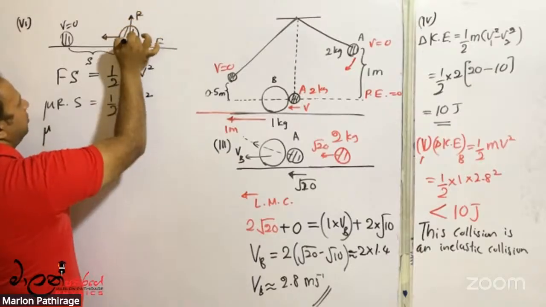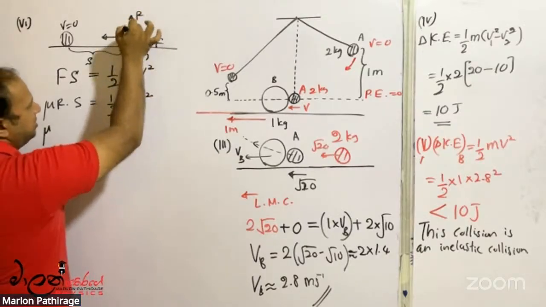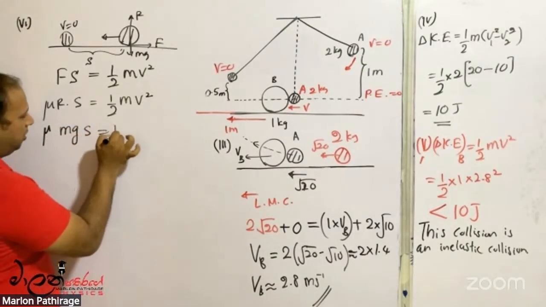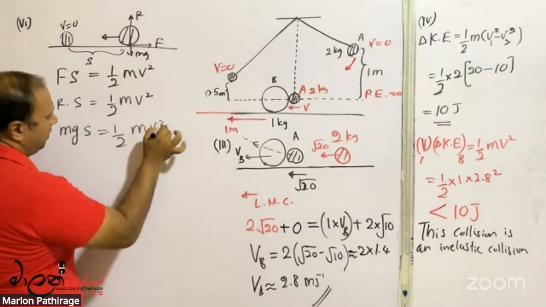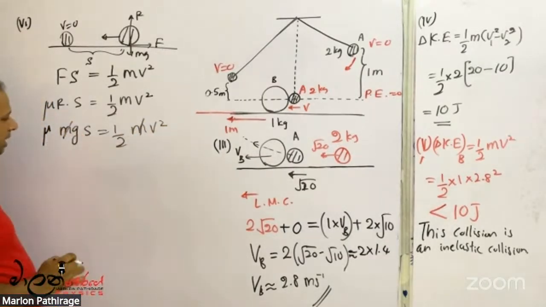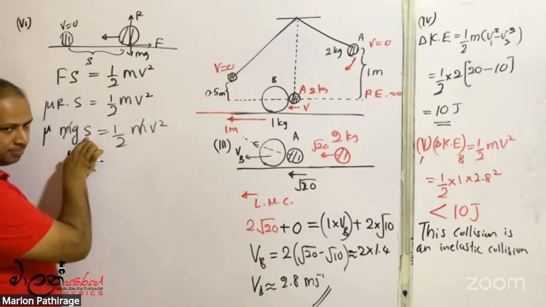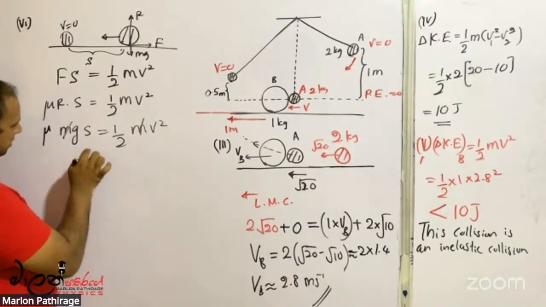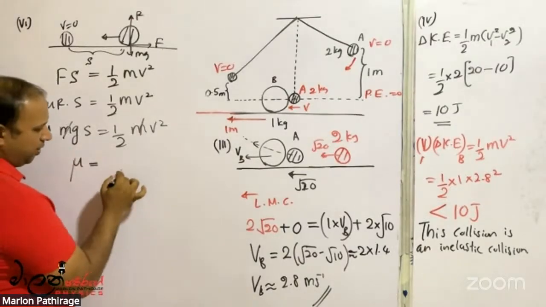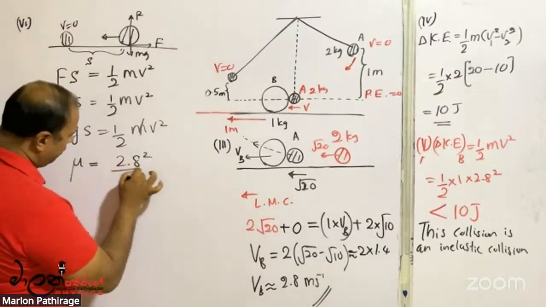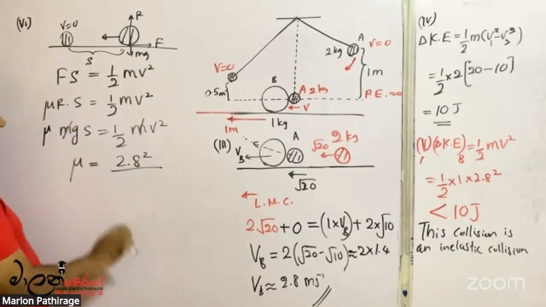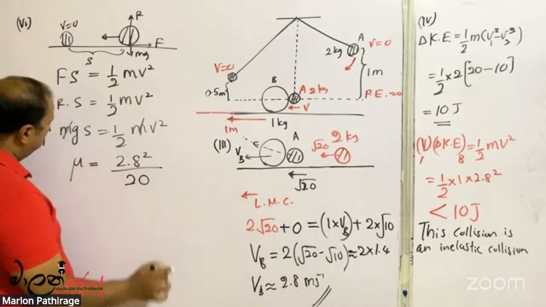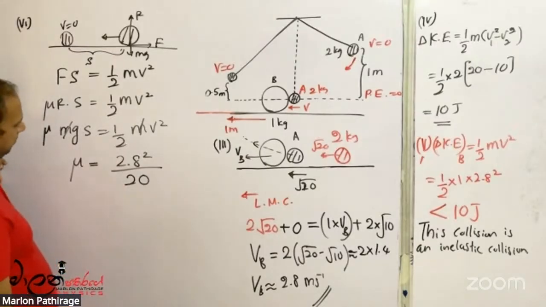R is equal to mg, therefore this one is mg. So mu mg S is equal to half mv squared. Therefore, m will be cancelled out. S is 1 meter. Therefore, mu is equal to v squared, 2.8 squared, over 20.